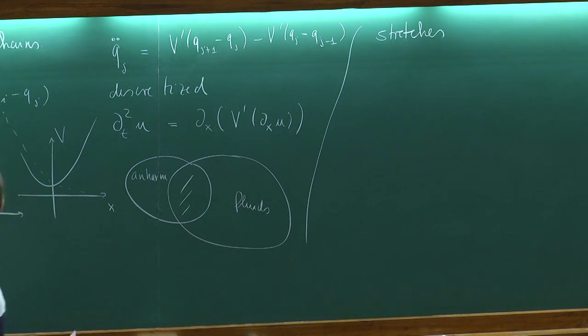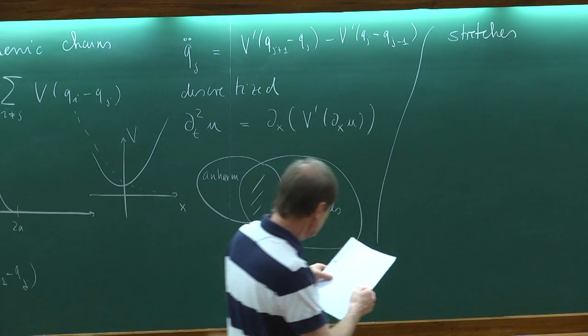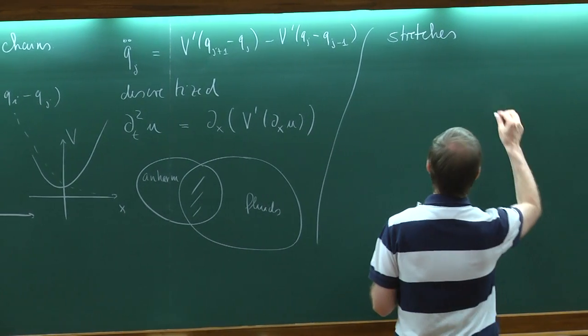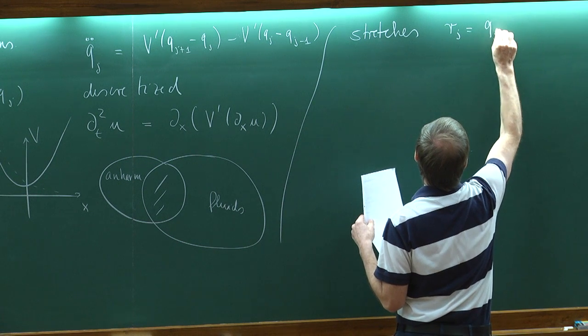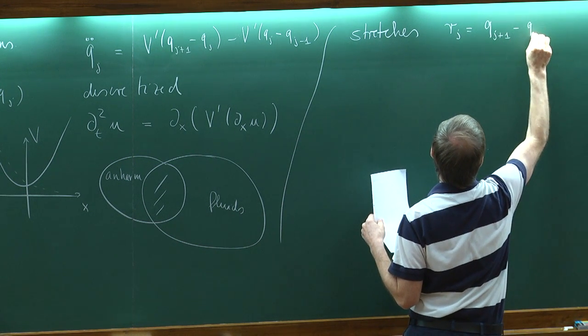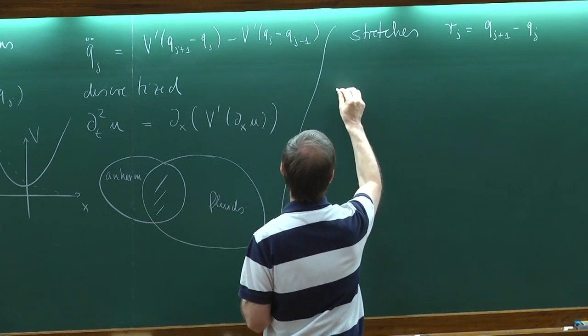I'm just exploiting the fact that it just depends on nearest neighbors. And so I want to introduce what I call Rj, which is simply Qj plus 1 minus Qj. Okay? And now I'm going to write down the equations of motion for this one.